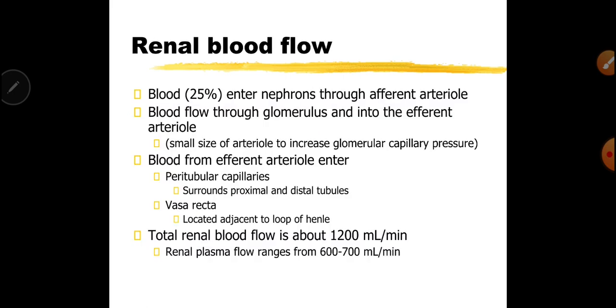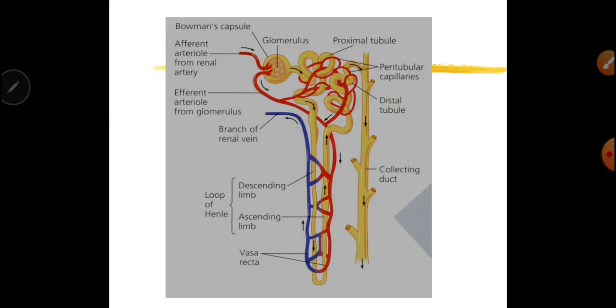Also, we talked about renal blood flow, and we concluded that about 1,200 ml of blood per minute will be filtrated in the nephrons of the kidney.